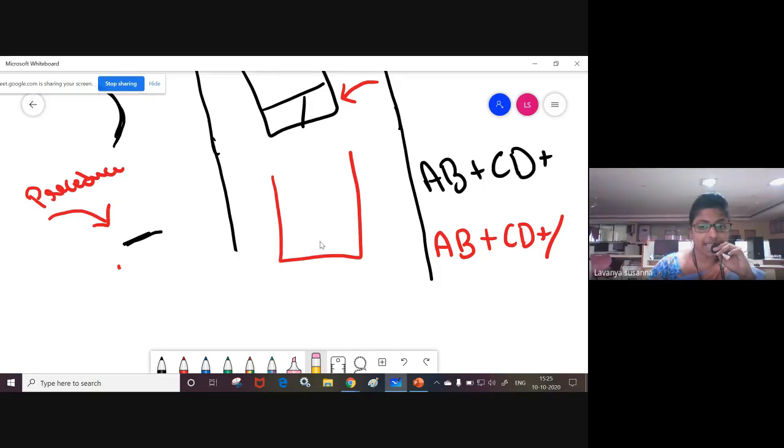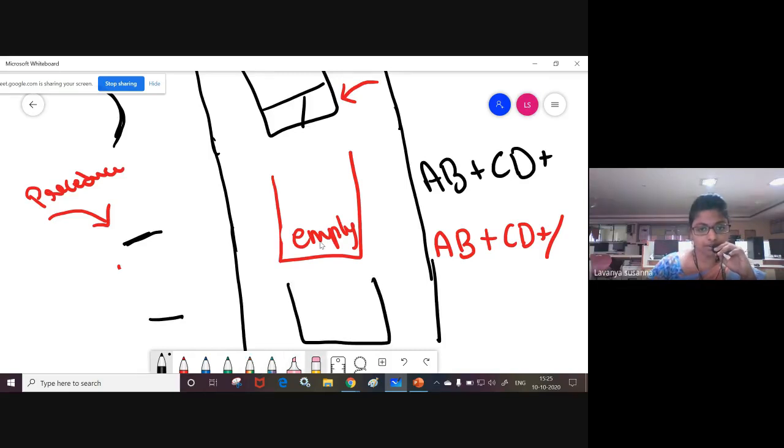Inside this stack there are no operators. If the stack is empty, what you need to do? You need to push minus. Don't write minus again, just push it. I hope you understood, students.